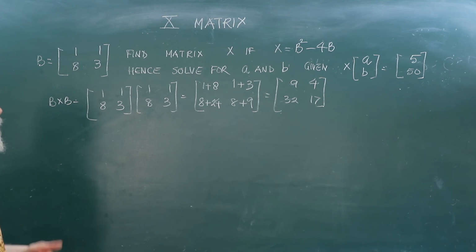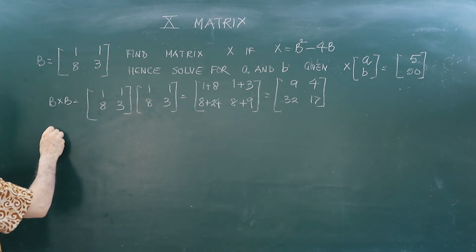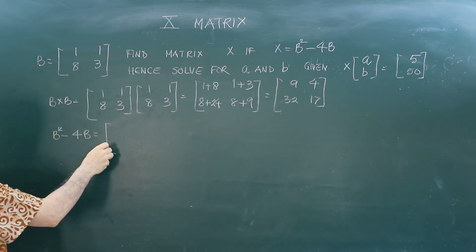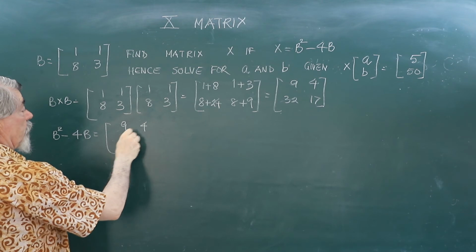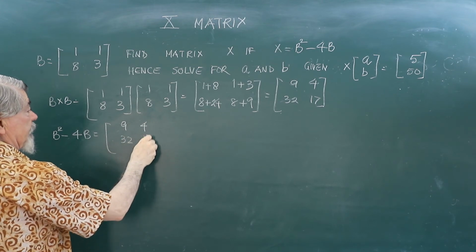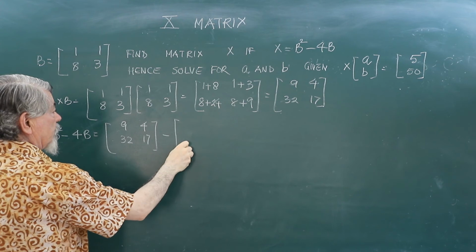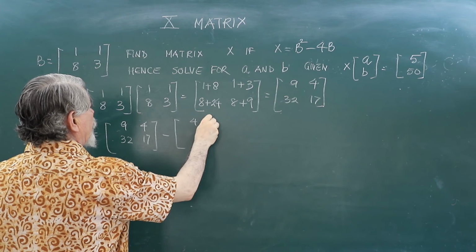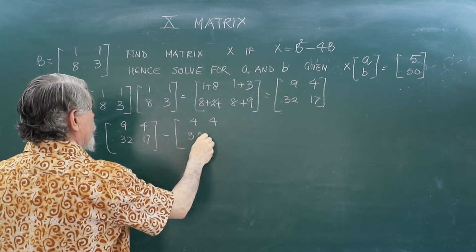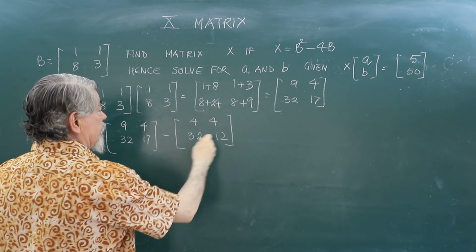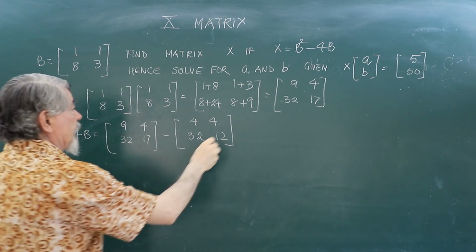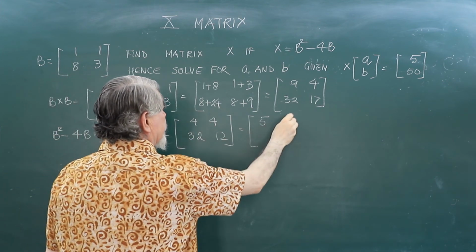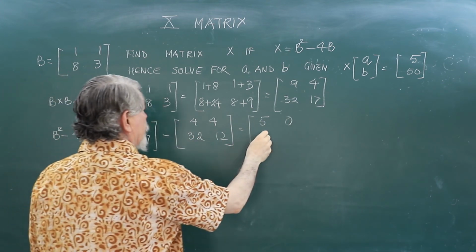B square. Now B square minus 4B. I have already calculated B square: 9, 4, 32, 17. Multiply matrix B by 4. That will be 4 1 4, 4 1 4, 4 8 32 and 4 3 12. Subtract these two matrices. You will get 9 minus 4 is 5. 4 minus 4 will be 0. 32 minus 32 is 0.